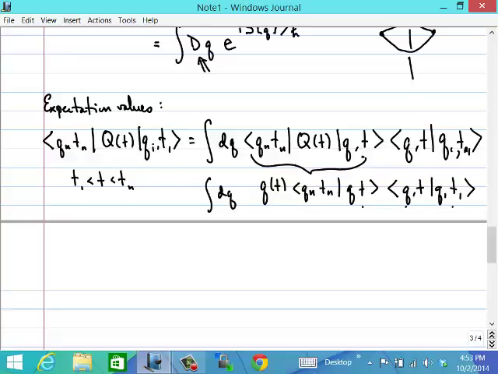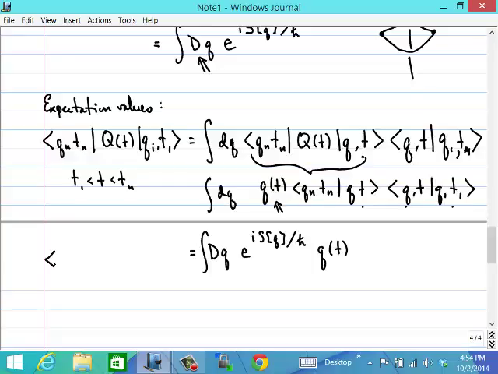Okay, so that's just the same path integral that we've been studying. The only difference being that you now have this extra insertion of q(t). So what is this? This is otherwise known as the integral over all paths of the same quantity that we've been studying, so e to the iS over h bar, with an insertion of little q(t). Okay.